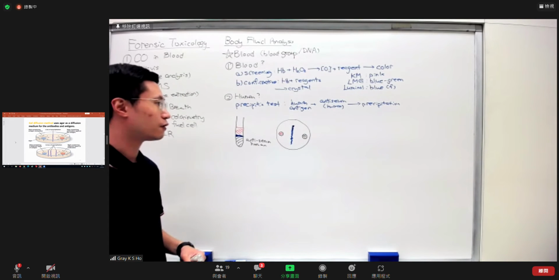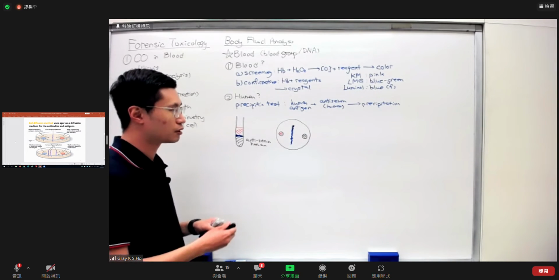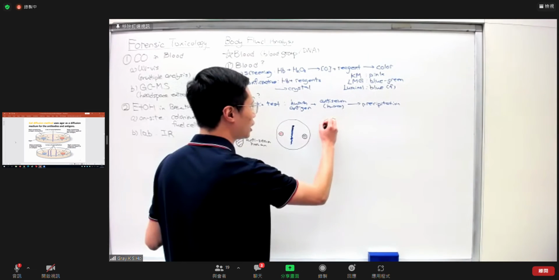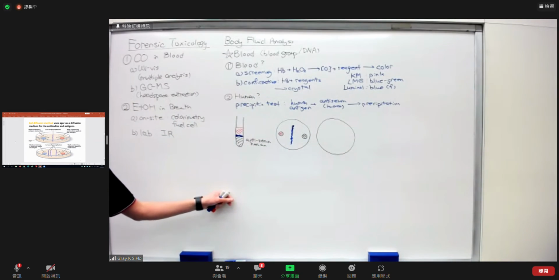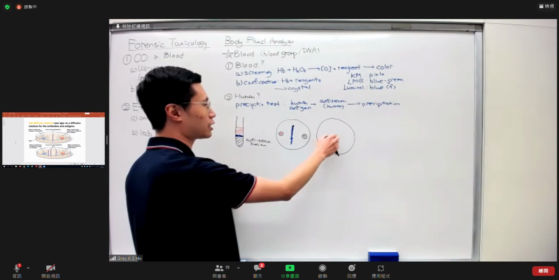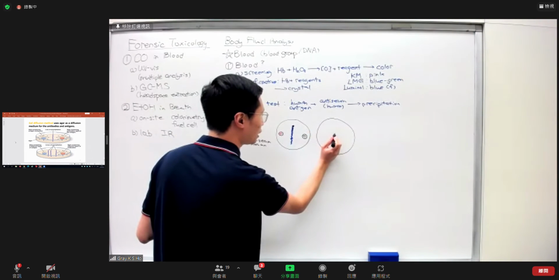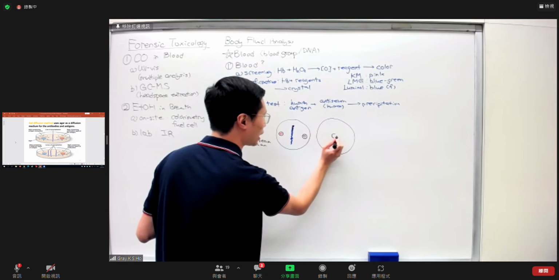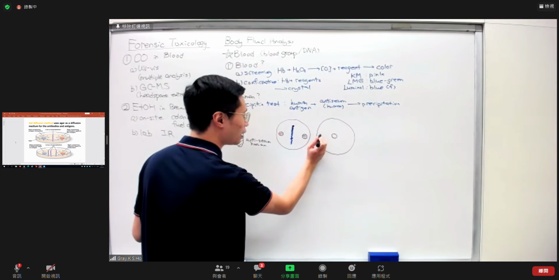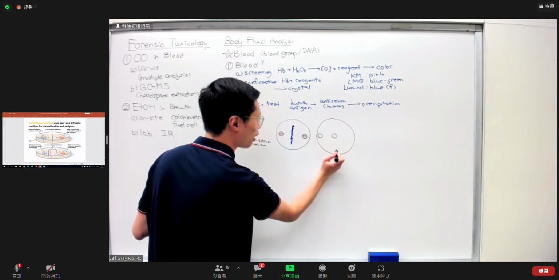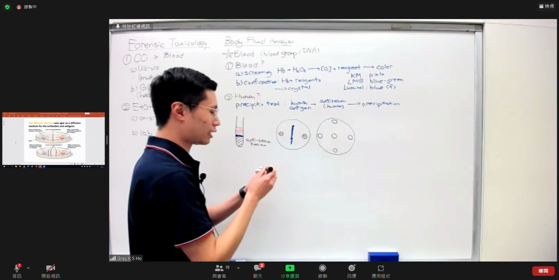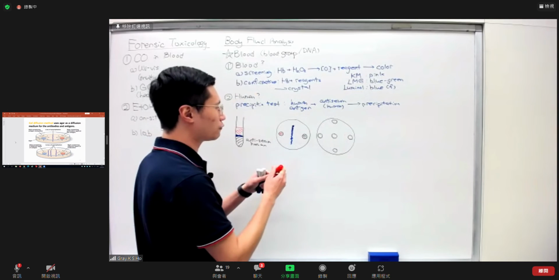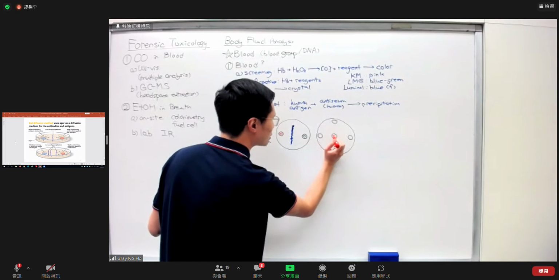How about the simultaneous measurement? Basically, you can change the setting a little bit. You still make use of the agar gel as a diffusion medium. Now you make a well at the center, and then you make other wells at the sides. At the center, you fill up with the blood sample.